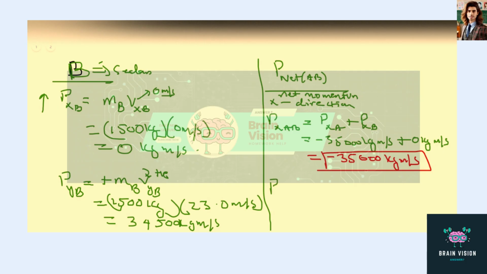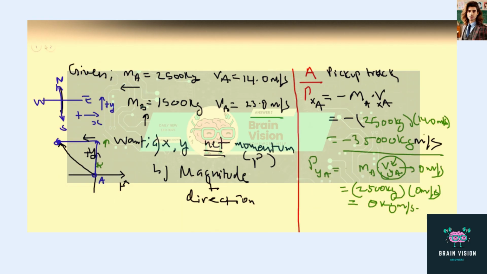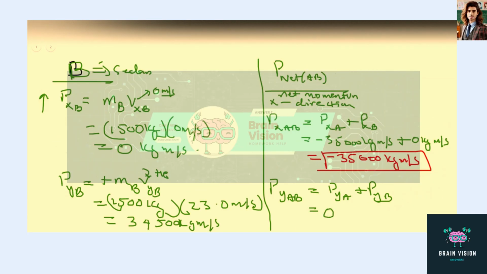In the y direction, the momentum for A and B, that's the net momentum, is P yA plus P yB. P yA, if you go back, you see it's 0 kilogram meters per second, and then P yB is 34,500 kilogram meters per second.